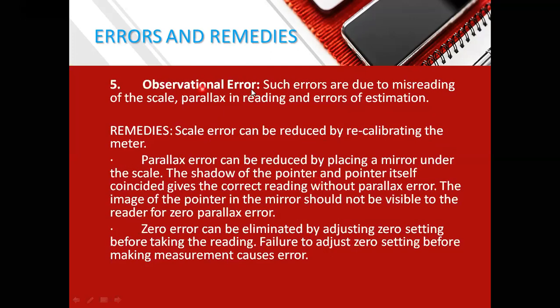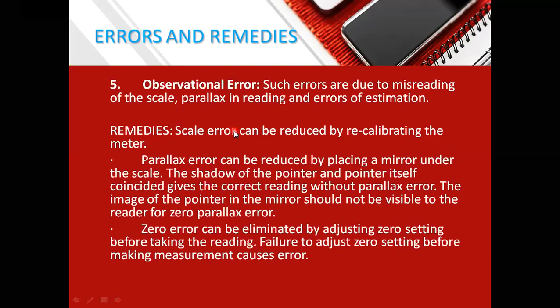The next error is observational error. Observational errors are major. They can be due to misreading of scale, parallax error, and errors of estimation.